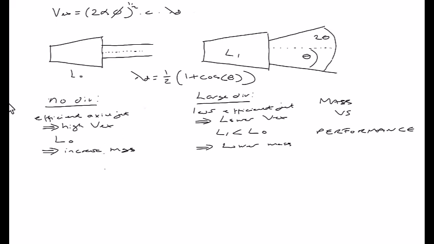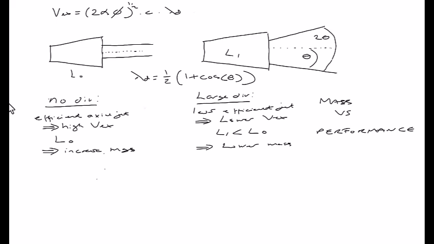Or will you be happy instead with a less efficient performance for low exhaust velocity, larger divergence on the beam, but this would require a lower mass in terms of the nozzle itself?